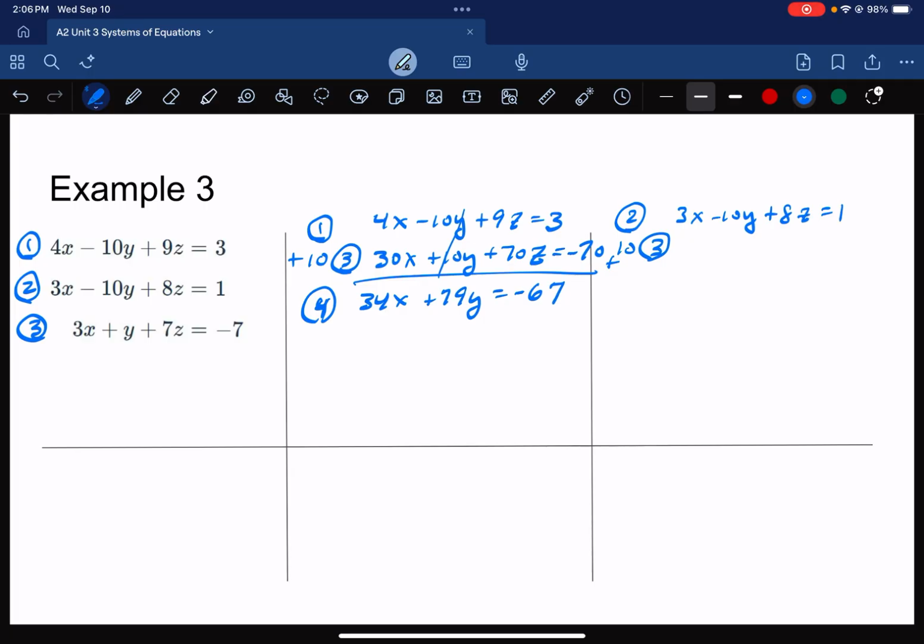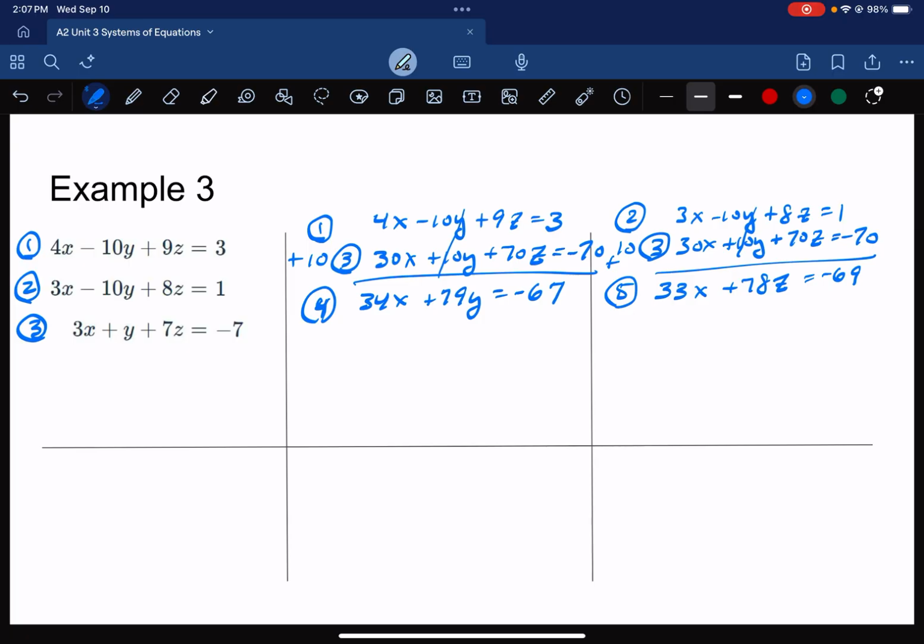And then just copy this equation down there. 30x plus 10y plus 70z equals negative 70. This time the 10y's cancel. I have 33x, I have 78z, and I got negative 69. So that's equation 5.